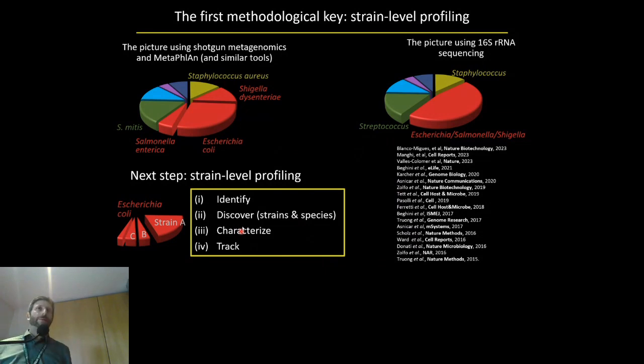And this, I can tell you, is not a very important task because it's very rare to find in a new gut microbiome sample a strain that was already present in a database. So much more important is to discover new species and new strains directly from metagenomics, also characterize them functionally, so I'm having an idea about what could be their role, and also I will show you later how to track transmission of these species.